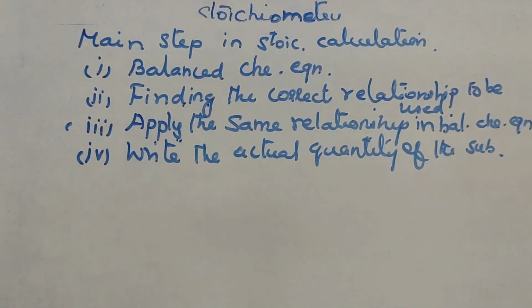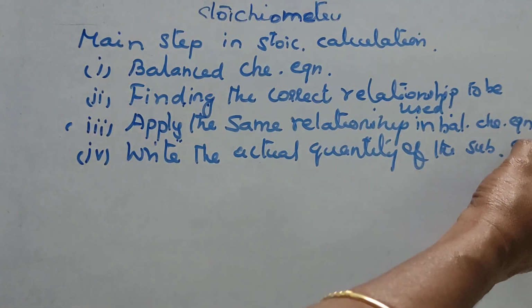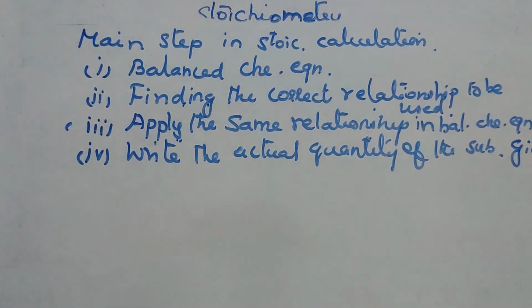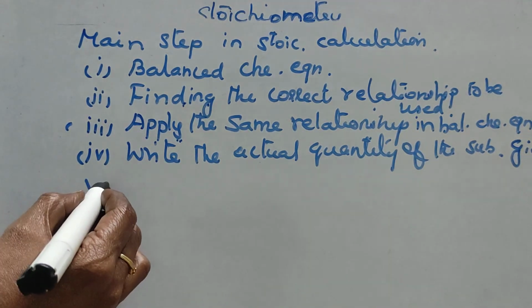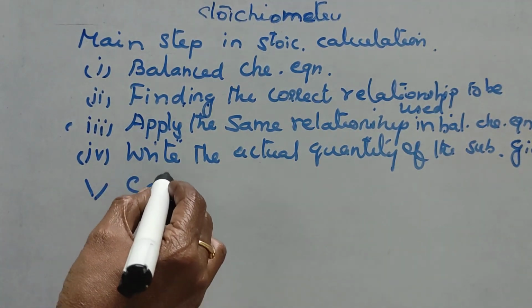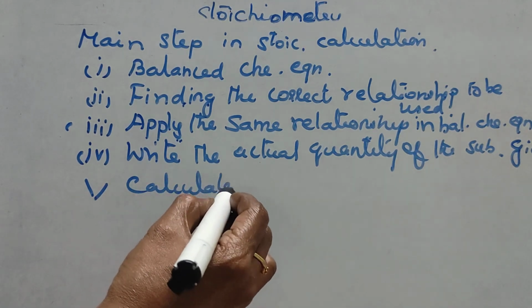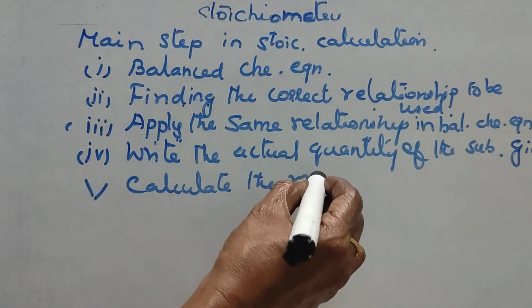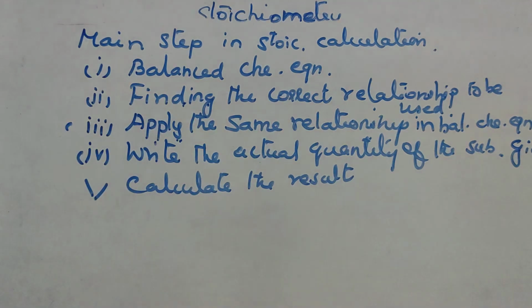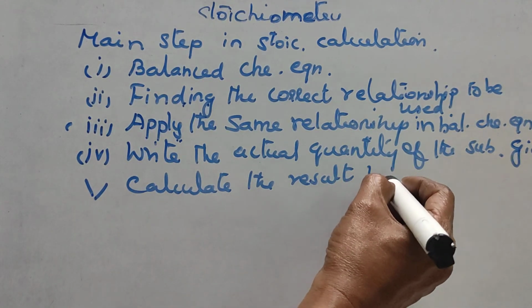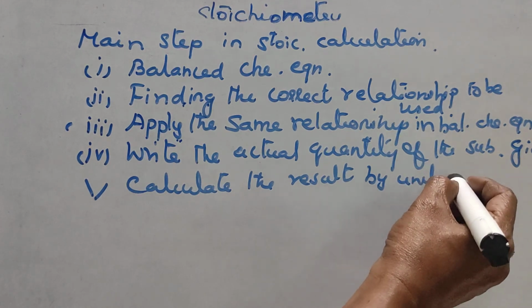So we are going to write the actual quantity of the substance given in the sum problem. Next, fifth one, calculation. Calculate the result by using the balanced chemical equation by a unitary method.